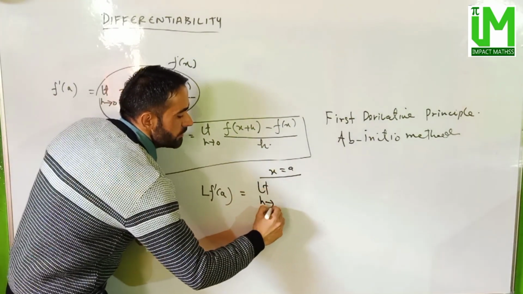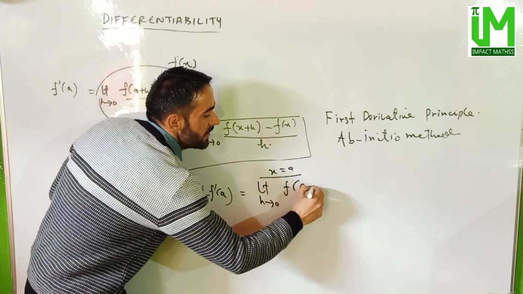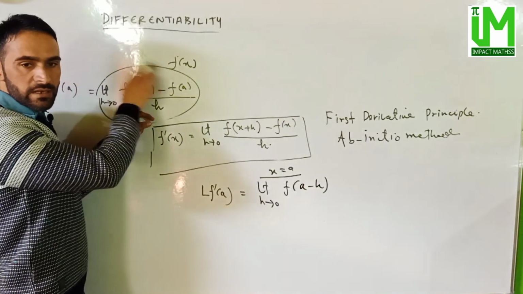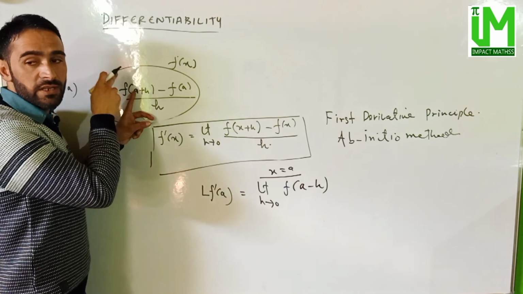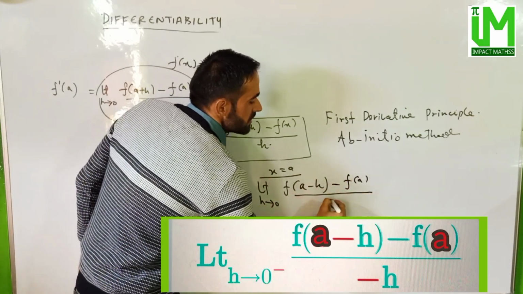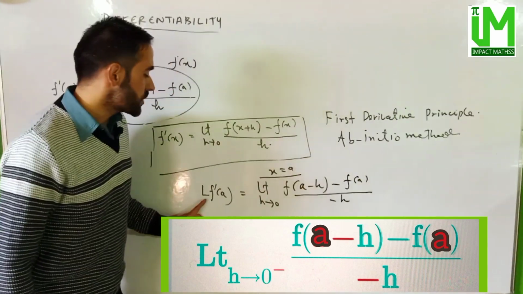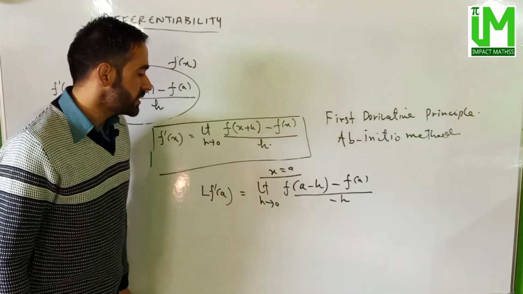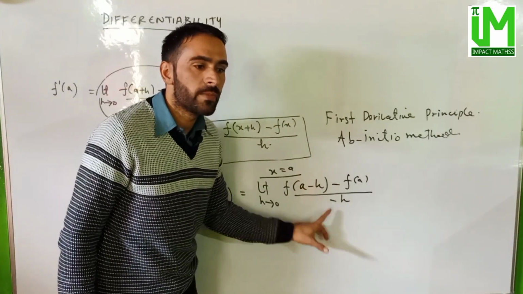So we compute limit h tends to 0 of f of A minus h minus f of A, divided by minus h. So the left hand derivative of the function at A is equal to limit h tends to 0 of f of A minus h minus f of A divided by minus h.